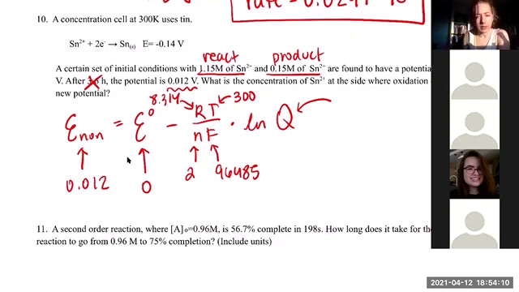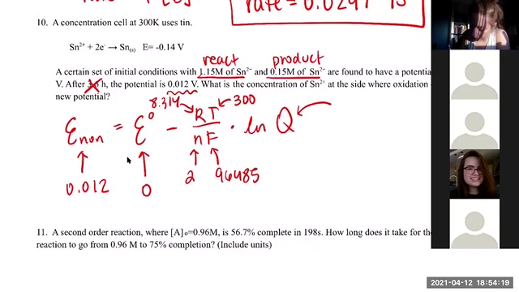So there's going to be some change, okay? There's going to be some change between this concentration. So if we had an ice table, for example, the starting one here would be 1.15, we'd have some change, right? Minus x. And we want to find out what that change was.